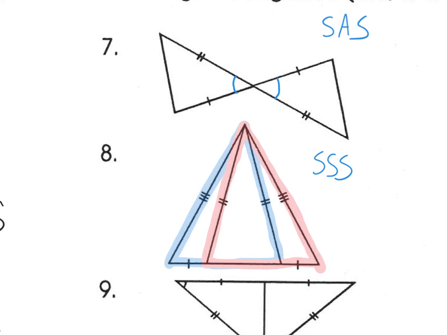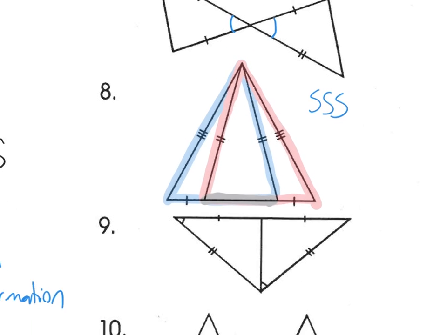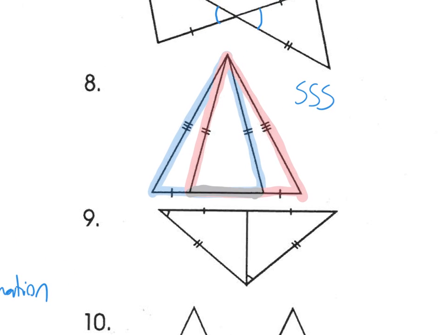I can also prove those 2 triangles congruent using side, side, side. I would have to add in some segment addition postulate for this little section on the bottom because that line segment is in both triangles, but we can add it to the red triangle and the blue triangle, and I would be able to prove that those 2 triangles are congruent to each other, as well as those smaller ones I started out with. But both of them would be proven using side, side, side eventually.